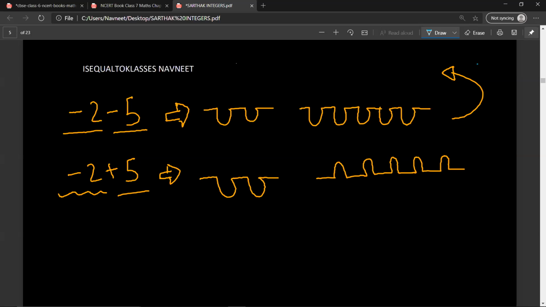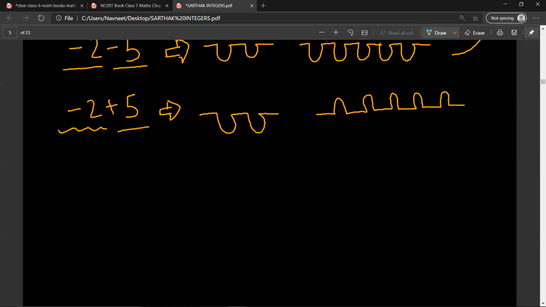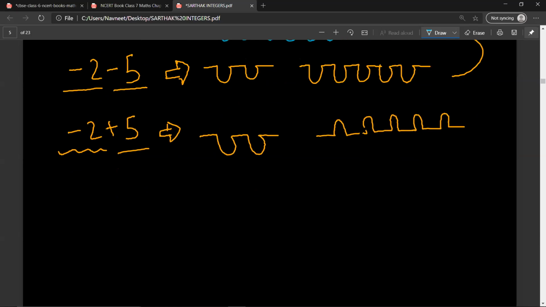How many valleys? 7 valleys. Yes. But why did we add and not subtract?